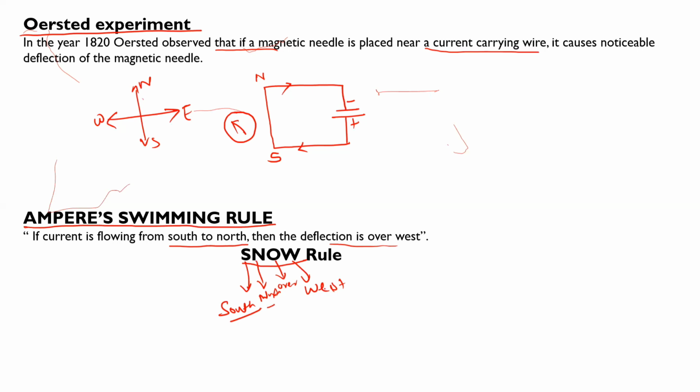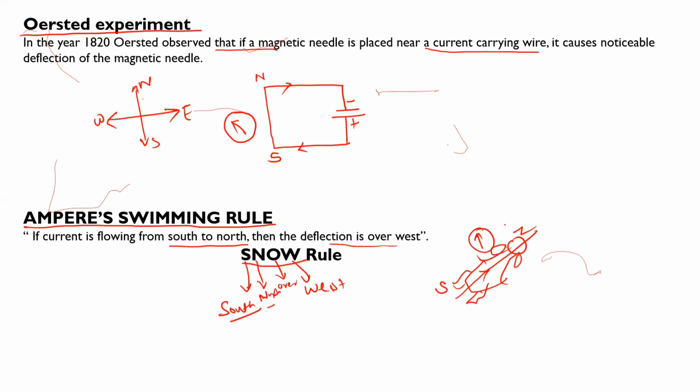Now, how can the swimming rule be explained using this? Suppose we have a man swimming. Suppose these are the feet of the man, and these are the hands. If a man is swimming, we know he is facing downward. If we take his feet to be south and his head to be in the north direction, and if current flows from south to north, then the needle will show deflection towards his left hand, that is towards the west direction, right?